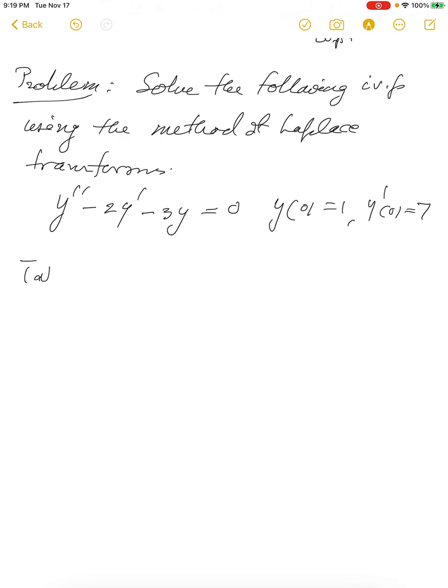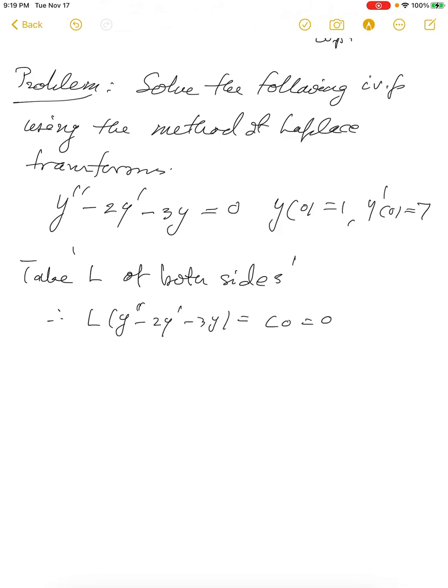So we'll start by taking L of both sides. In other words, the proper way of saying this is apply L to both the left side and the right side. So L of y double prime minus 2y prime minus 3y equals L of 0, which is 0.